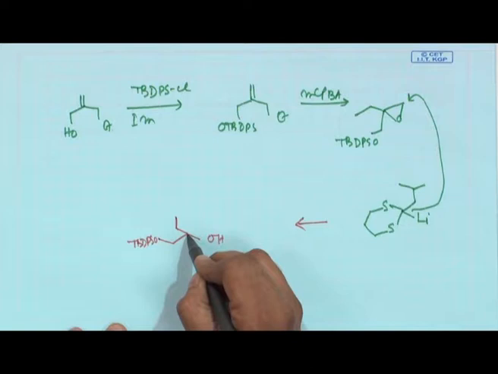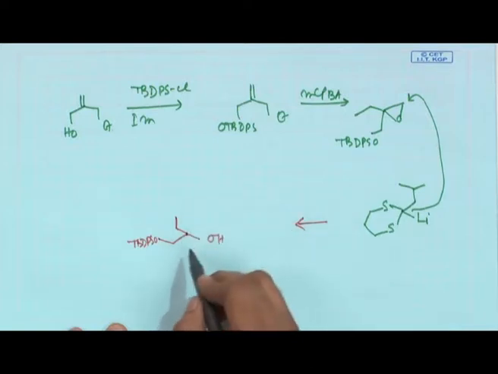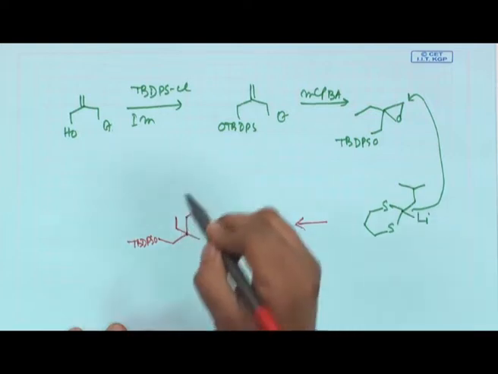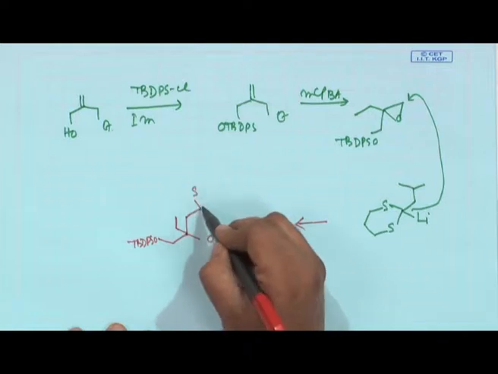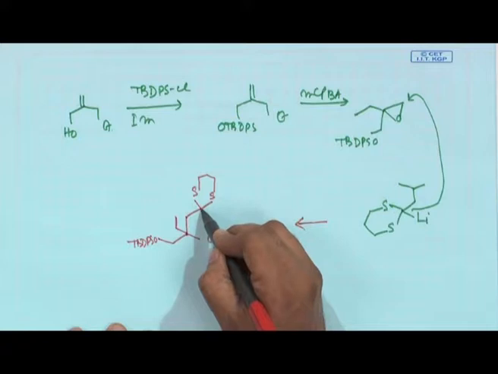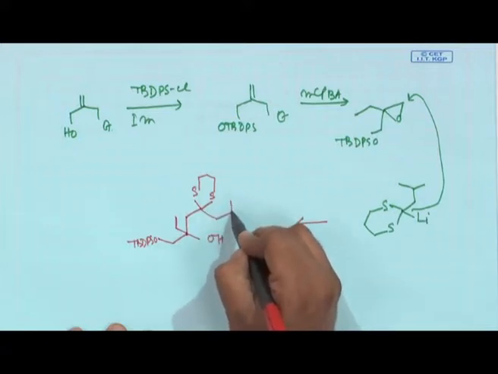So, this quaternary carbon is now generated, and then you have this CH2 and your dithiane is here, and the remaining isobutyl is here.